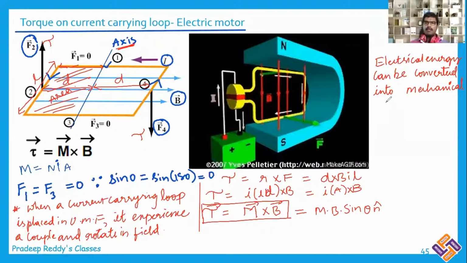Electrical energy can be converted into mechanical energy, right? We are providing electrical energy, the current we are giving, and because it is placed in an external magnetic field, it itself undergoes rotation, and that rotation is mechanical energy. So electrical energy gets converted into mechanical energy in this case. That is the principle of constructing an electric motor.